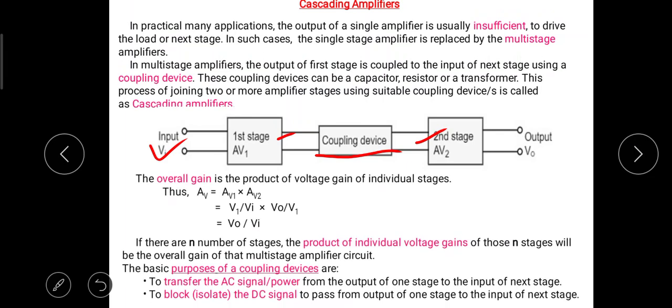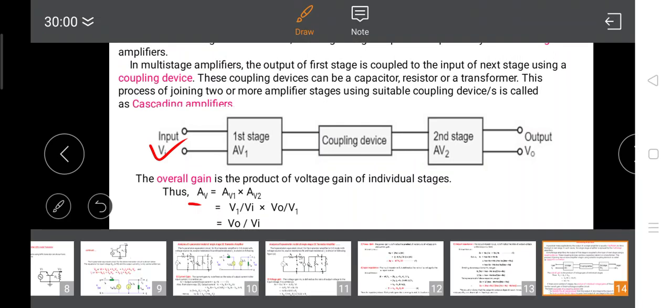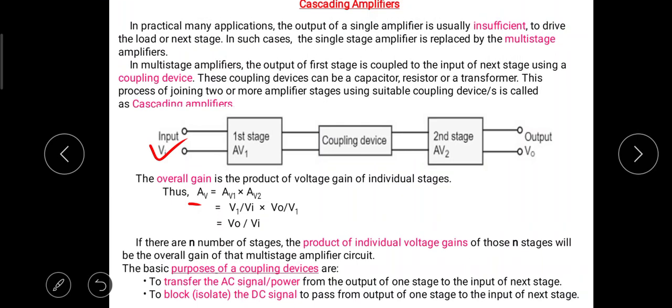Now, if we go through its gain, the overall gain is the product of the voltage gains of the individual stages. See here, the total gain AV is nothing but the product of individual gains, AV1 into AV2.